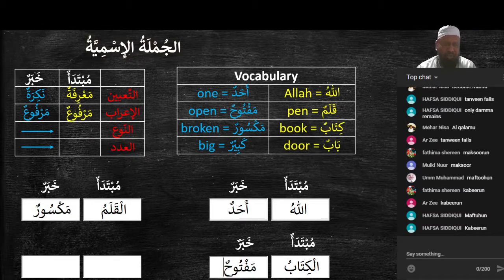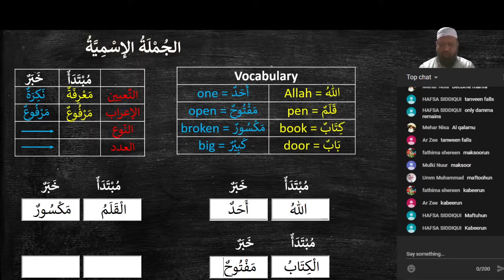And now it has to match. So al-kitabu is mudhakkar, so is maftuhun mudhakkar. In al-adad, al-kitabu is al-mufrad, so is maftuhun mufrad. Our jumla is ready. Now we can say: al-kitabu maftuhun.